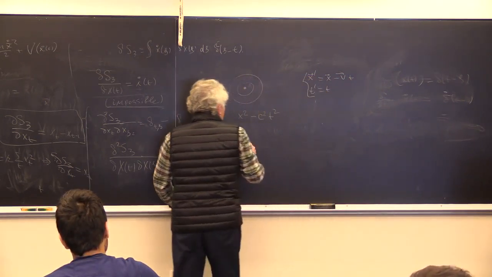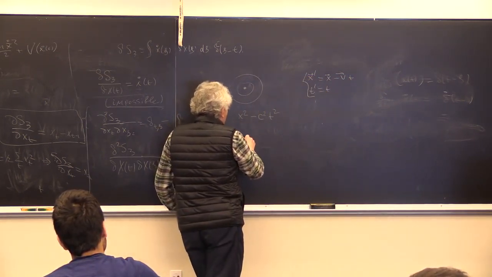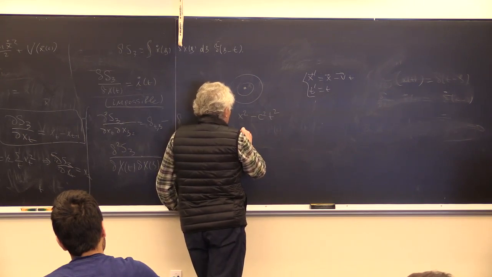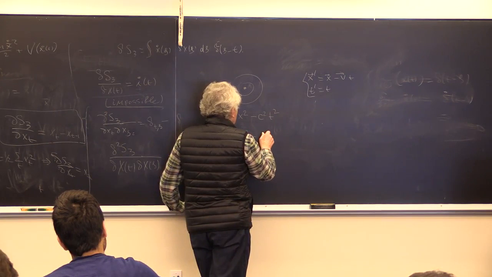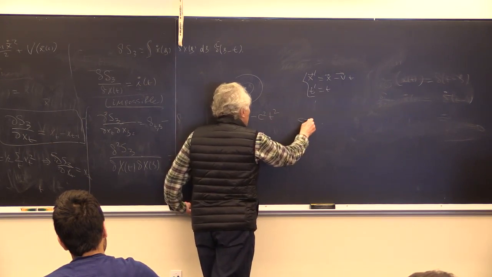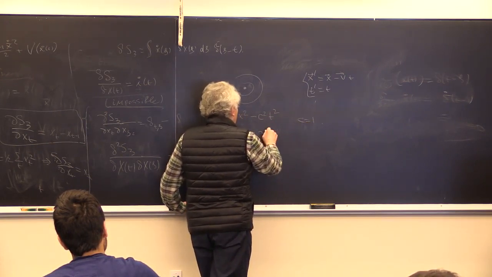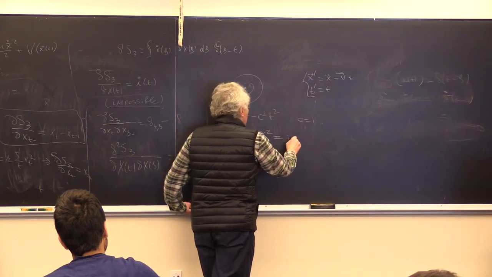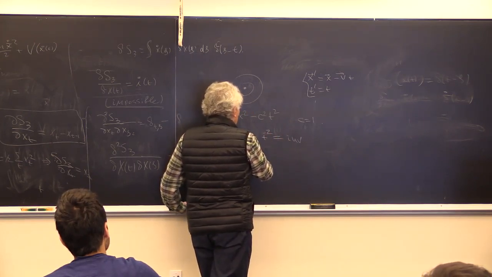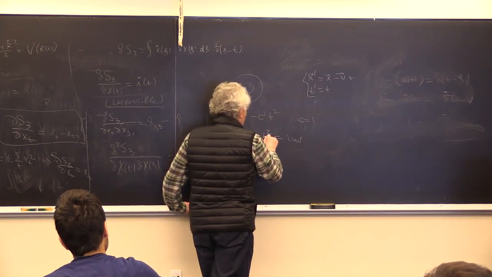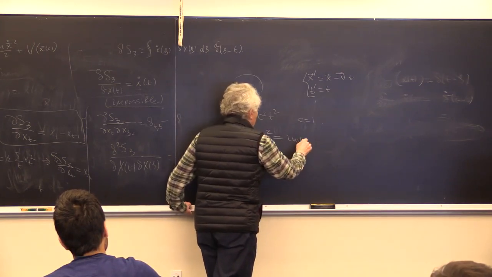And the symmetry in question is this. It's x squared minus t squared, where c is the speed of light. Let's set it to 1.